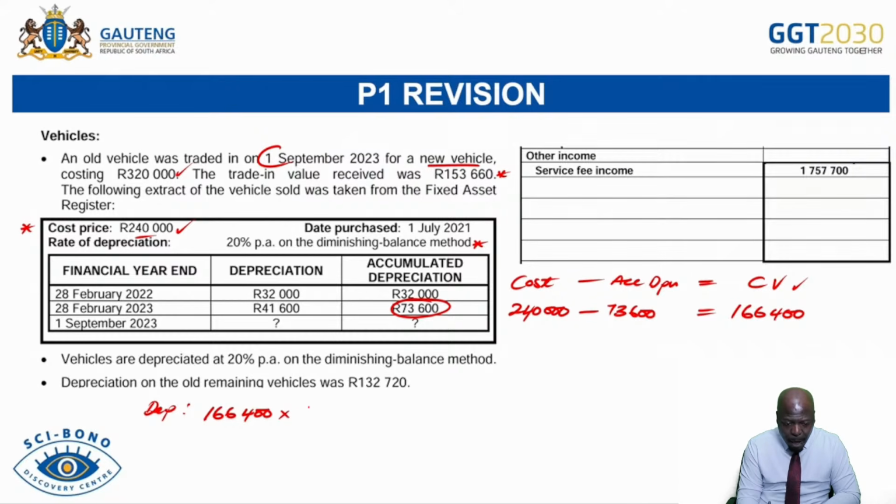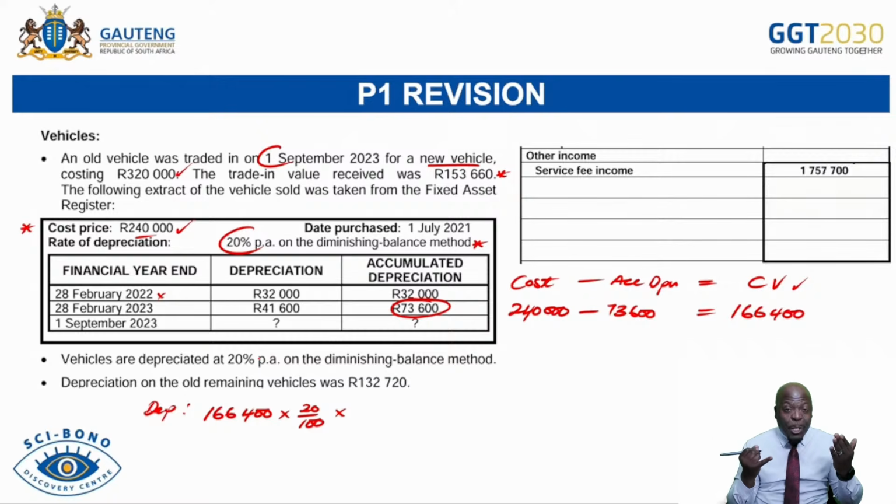Then I say multiply by 20 over 100, 20%. All right, remember that one there. For how many months did we have this? We have to count right from the beginning of the financial year until the day of disposal. The financial year begins in March. Remember, it's ending in February. So we're going to say March, April, May, June, July, August. Do we count September?